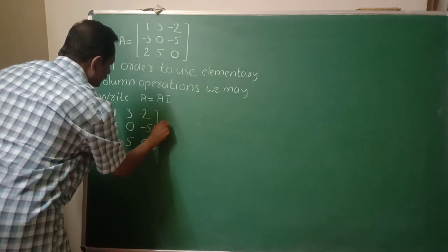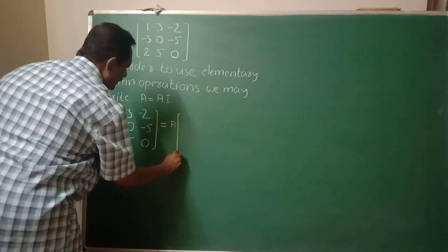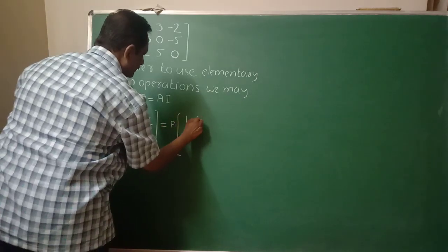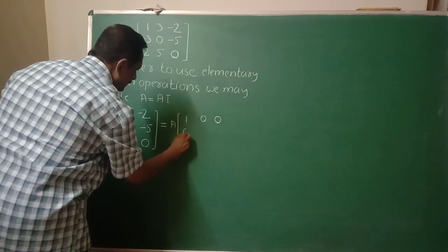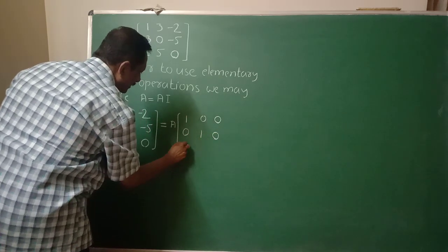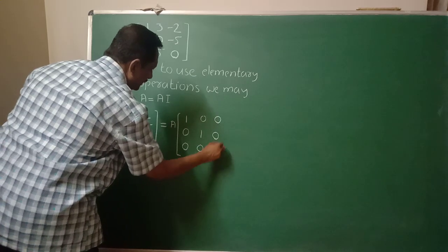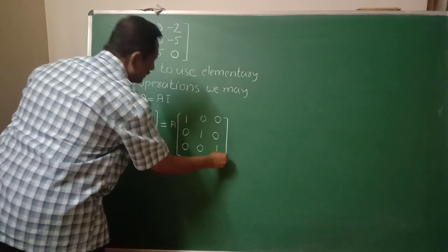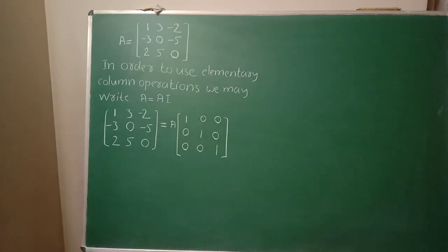Then this is equal to A as it is, times the identity matrix 1, 0, 0, then 0, 1, 0, then 0, 0, 1. Okay. So A is equal to A into I.